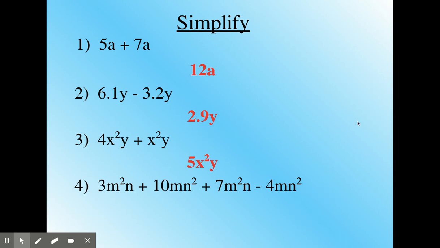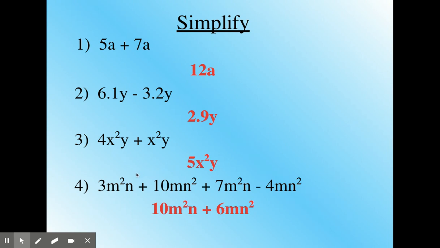3m squared n plus 10mn squared plus 7m squared n minus 4mn squared. What would this simplify down to? It would be 10m squared n plus 6mn squared.